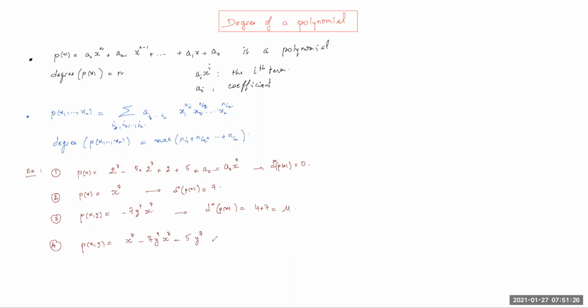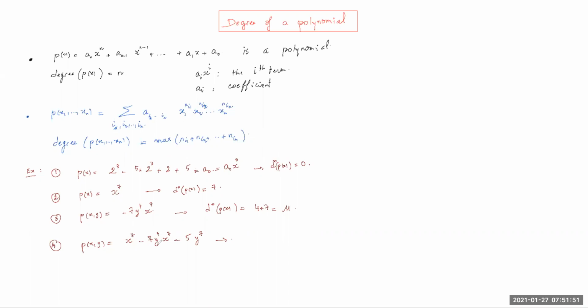What do we think here? What will be the degree? The definition for several variables, we said we will take the maximum, the highest, of the sums of the degrees of the different variables in one particular term. That means we will compare all the degrees. The first term here, its degree is 7.